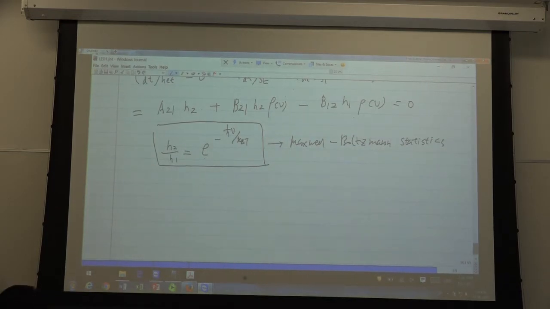They use these statistics to balance this. So I just draw it: N2 over N1, here I don't consider degeneracy, I use the simpler form, e to the minus hν over KBT.